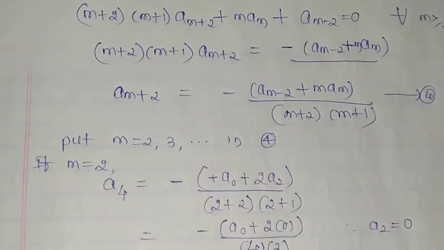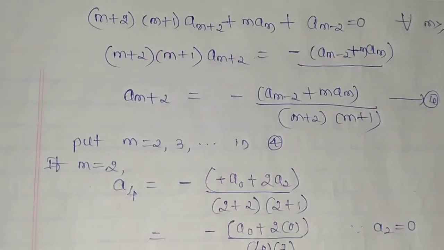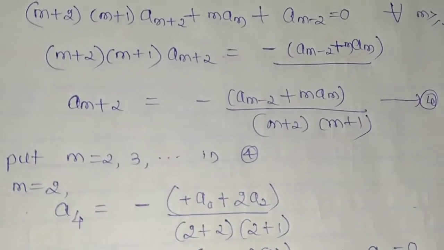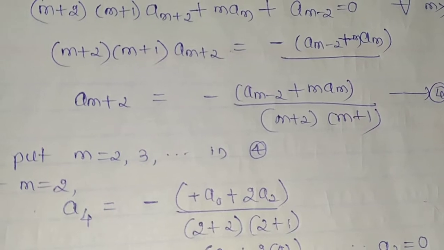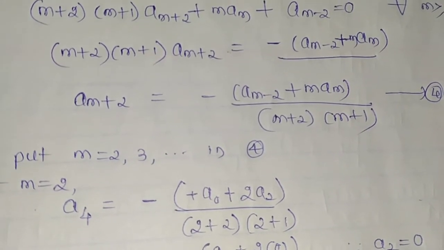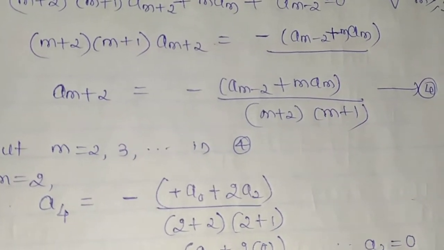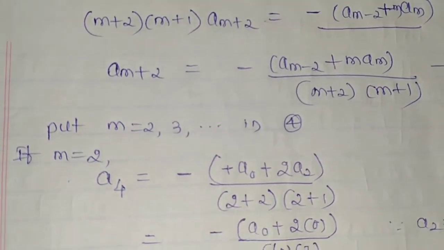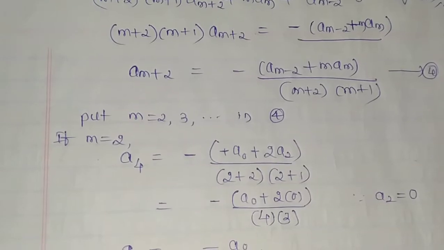After shifting all the terms except a(m plus 2) to the other side, I will get my equation number 4, that is a(m plus 2) is equal to minus of [a(m minus 2) plus m am] divided by (m plus 2) into (m plus 1).